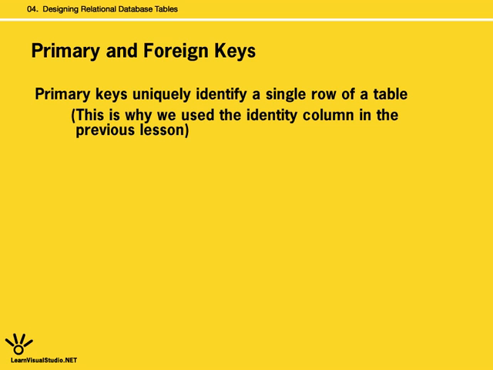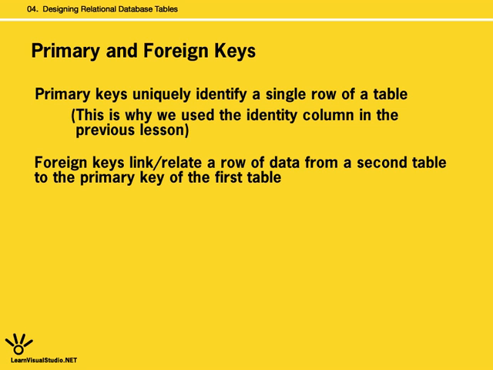Even if we wanted to, the database wouldn't allow us to insert two records with the exact same customer ID. This is important because we can't reliably link data between tables if we don't have a reliable way of telling each row apart. So this is why we use the identity column. It's a great way of ensuring that each row will have at least one thing that makes it distinct and unique.